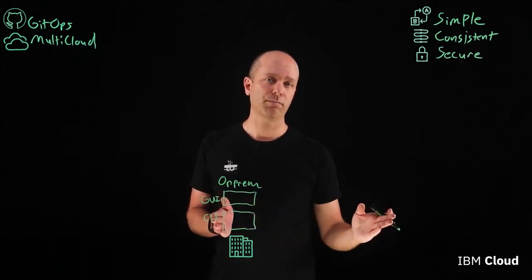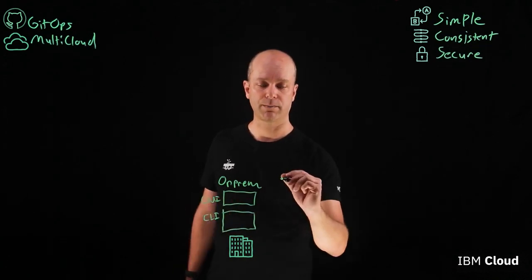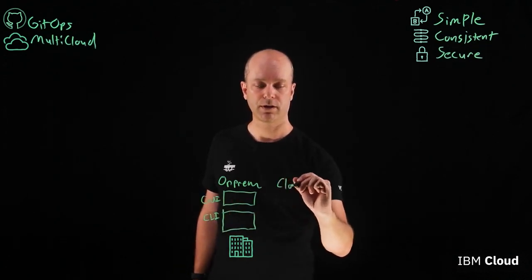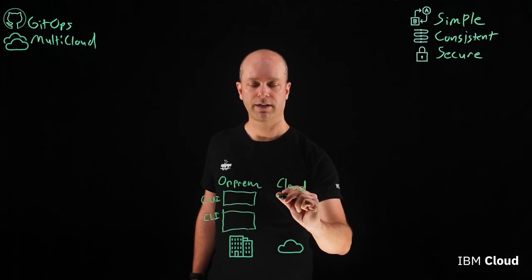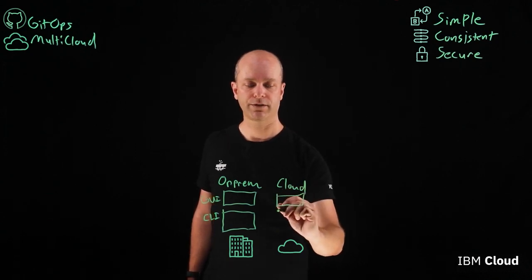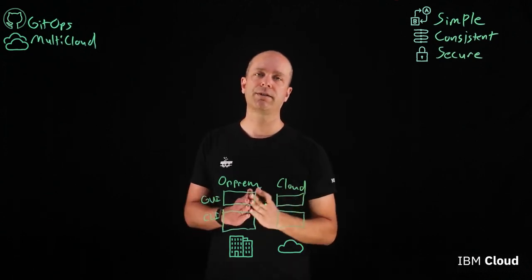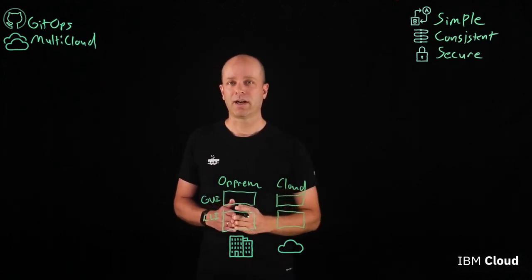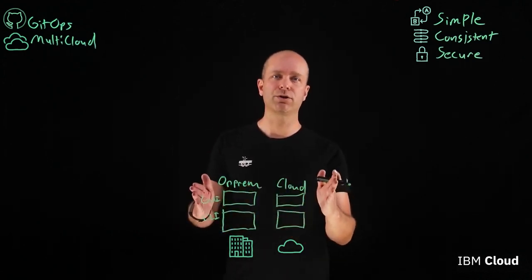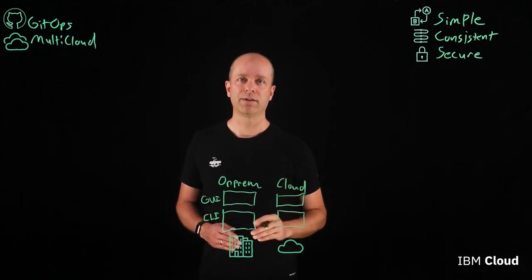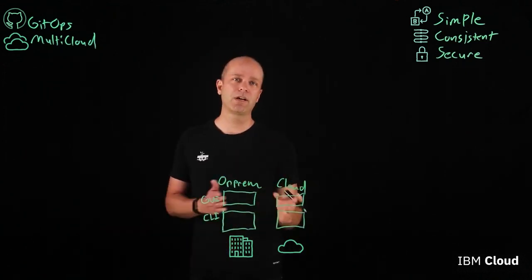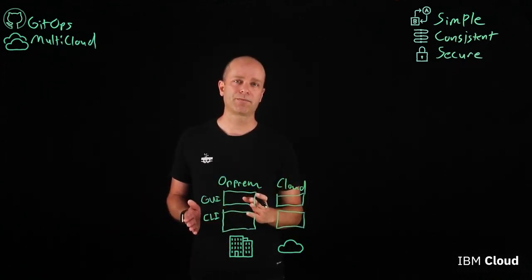But then they want to move to the cloud and utilize cloud environments. So they start using a cloud, and it has its own GUI and its own CLI. And things get a little bit more complicated. And now they have hybrid cloud apps that are stretching across on-prem and cloud. And these different environments can be difficult to manage.